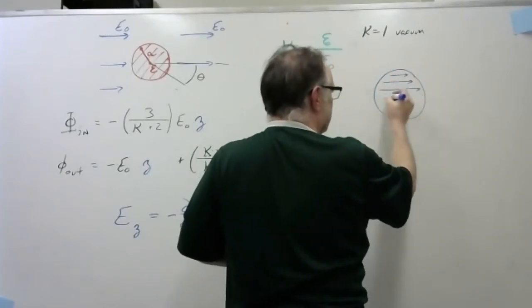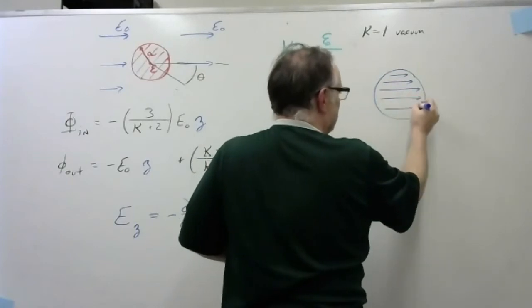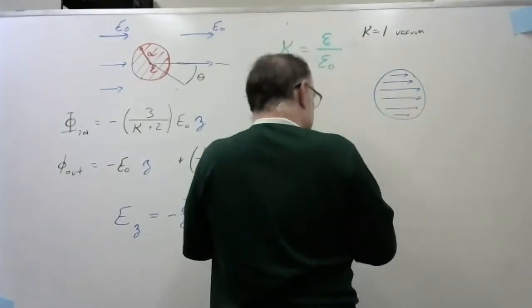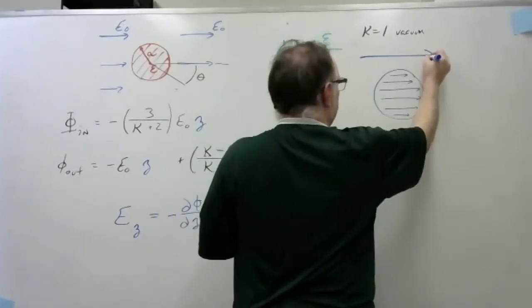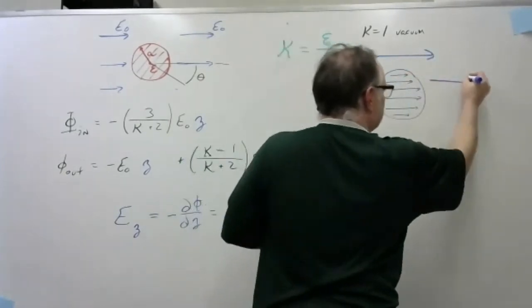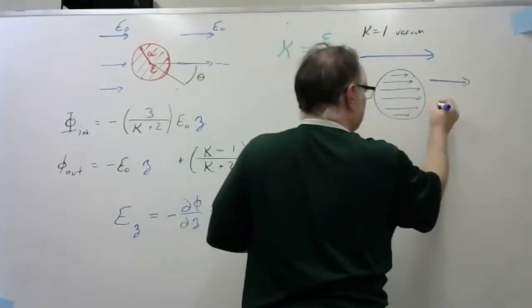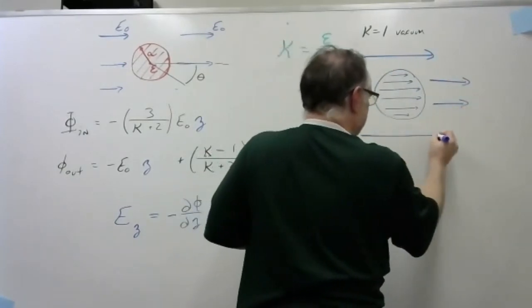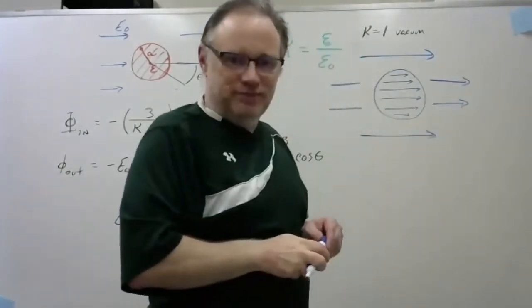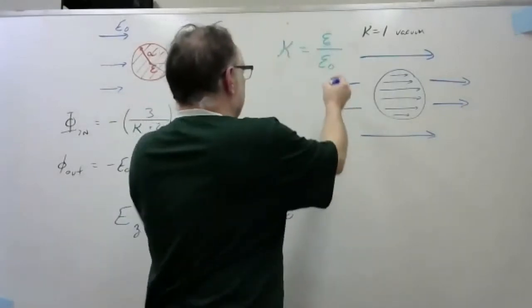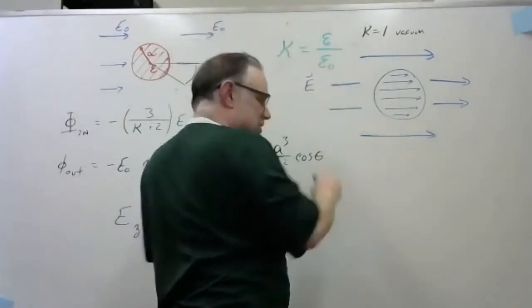So I guess I'll draw it like this. It's the same direction, but you get some shielding in here from the bigger electric field out here. So this is the overall electric field, this is what's going on with the electric field.